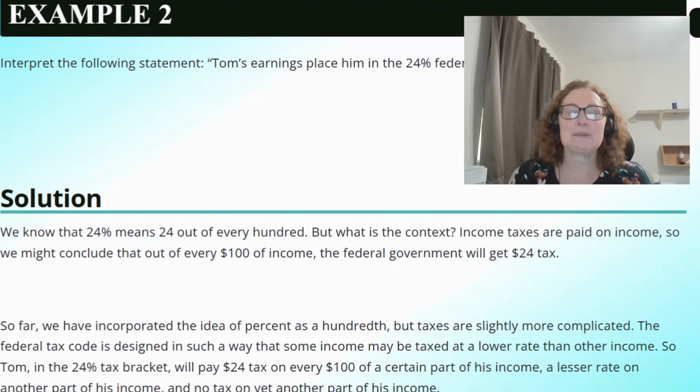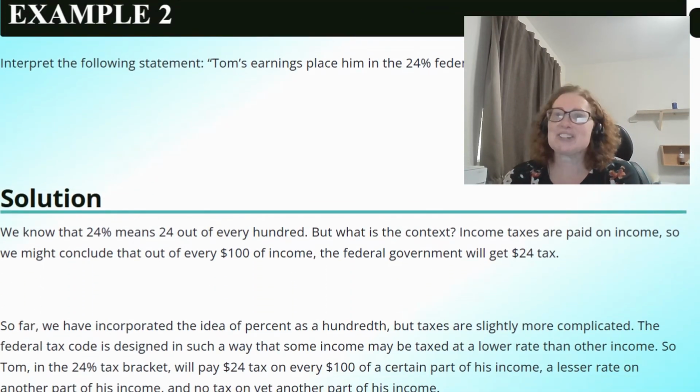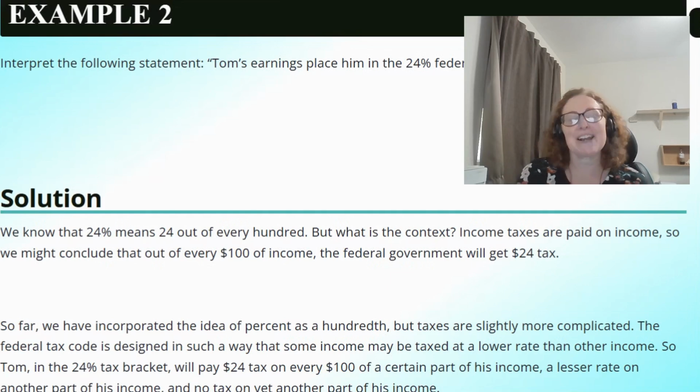So we have this next statement. It seems pretty straightforward when we first look at it. Tom's earnings place him in the 24% federal income tax bracket. Okay, so 24% is 24 out of every 100, right? So that would probably mean that of every $100 he makes, the federal government's going to take out $24 in tax.